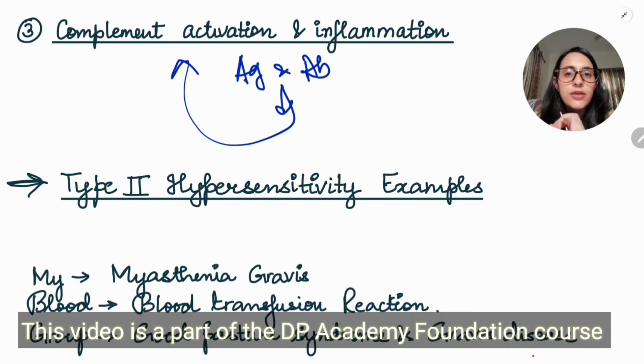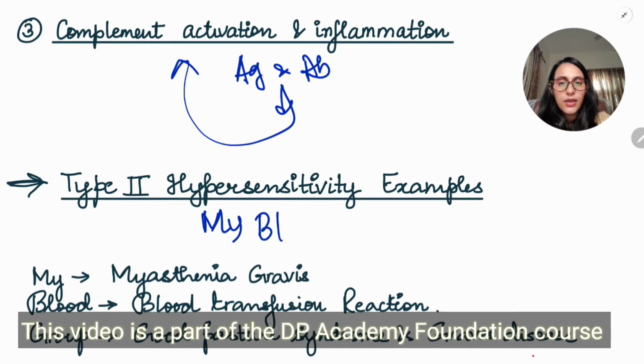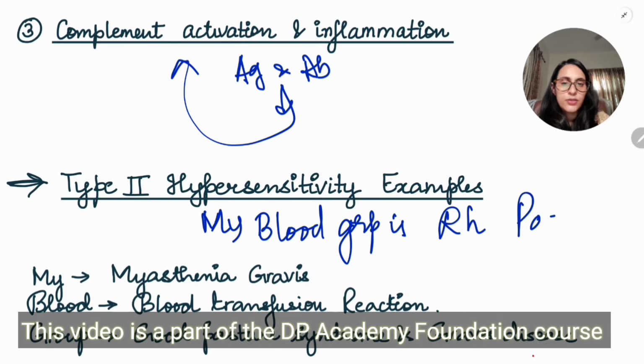Now the examples of type 2 hypersensitivity, you can learn with the mnemonic: my blood group is Rh positive. My is myasthenia gravis. Blood, you can remember any blood transfusion reaction. Group is Goodpasture syndrome and Graves' disease.